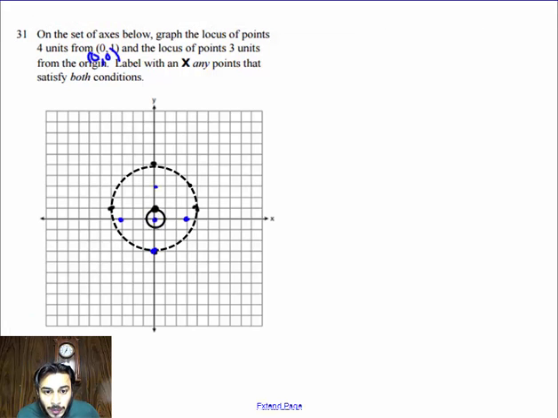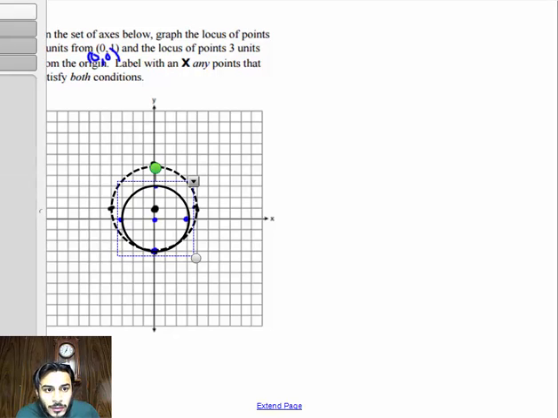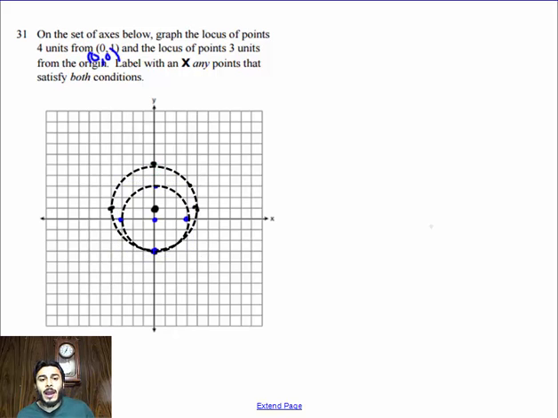So let's go ahead and do that, and you get a circle like this. So you've got a circle with a radius of 3. Let me go ahead and make that circle dotted.